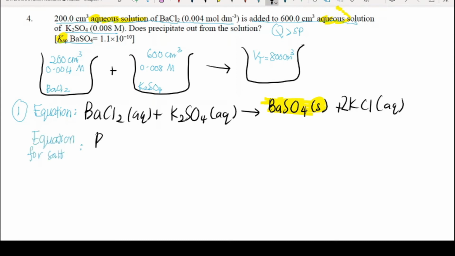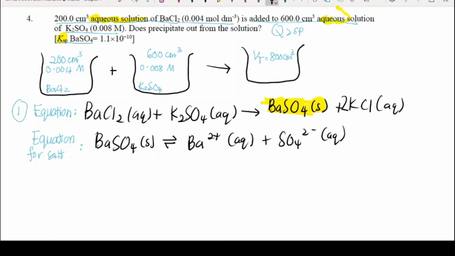Okay, next is to write the equation for your salt. So that would be BaSO4 partially dissociating to become Ba2+ and SO4 2-. Okay, so you are given the Ksp, right? So we need to find the Q. Remember back in chapter 5, where Q is just the same as Kc or Kp.